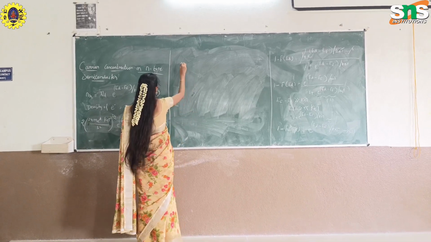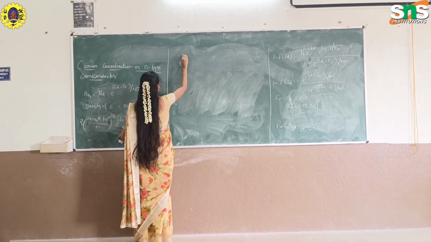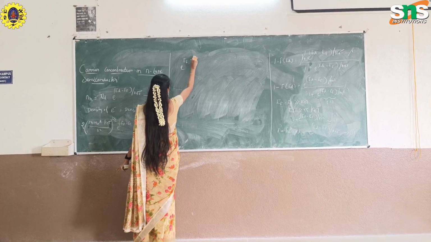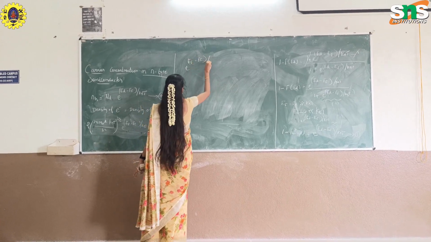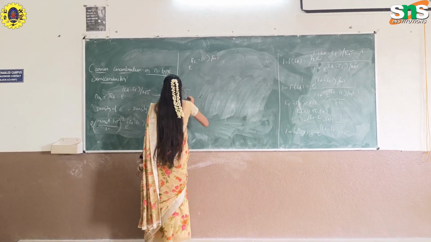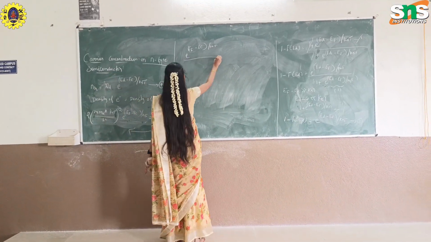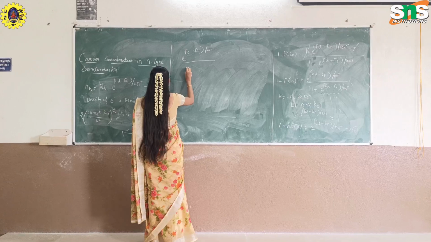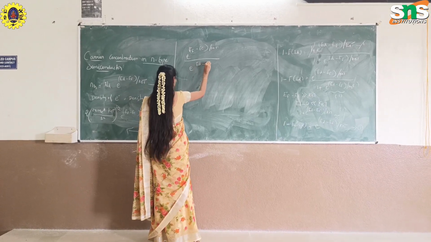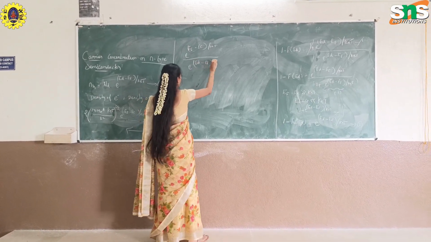So this above equation is modified by e power of (ef minus ec) whole divided by kBT. This term will be taken as denominator, so whole divided by e power of (ed minus ef) divided by kBT.